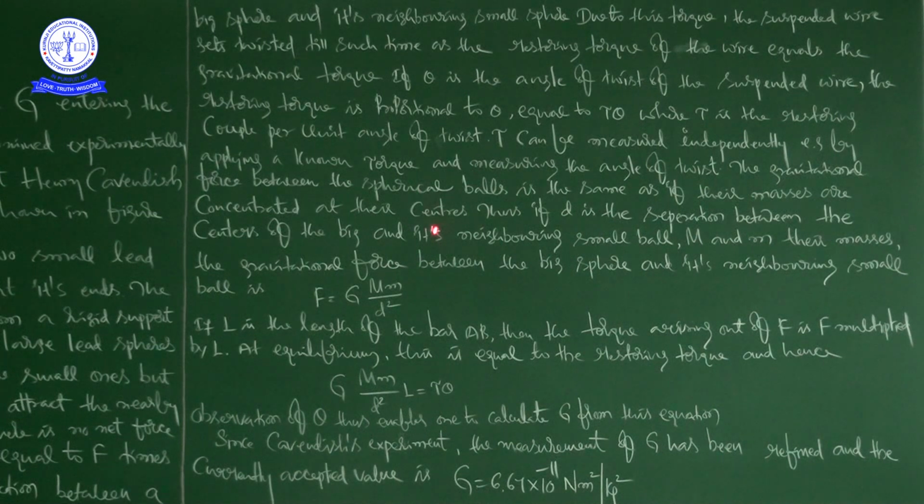This is what you have to recall. What is center of mass? In the chapter of rotational motion, I told you, center of mass is an imaginary point where the total mass of an object is supposed to be concentrated. So here also the spherical balls are behaving like that.